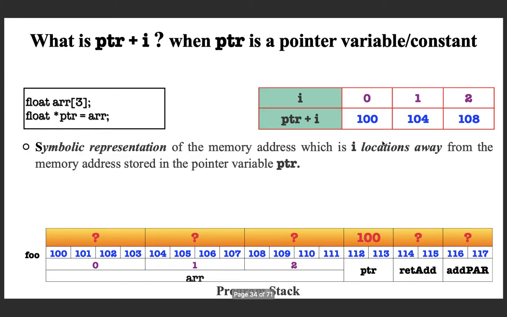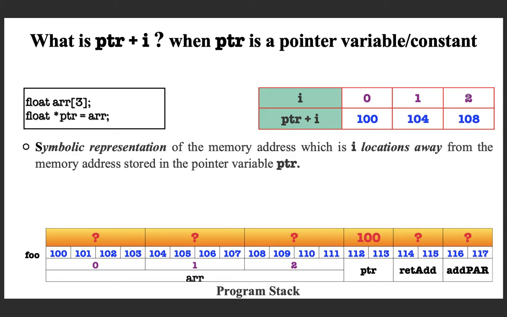And if you generalize, you can see that when PTR is a pointer variable or a pointer constant, then PTR plus I is a symbolic representation of the memory address which is I locations away from the memory address stored in the pointer variable PTR. Now, in this example, PTR stores the address of the element at index 0. So, what is PTR plus 2?